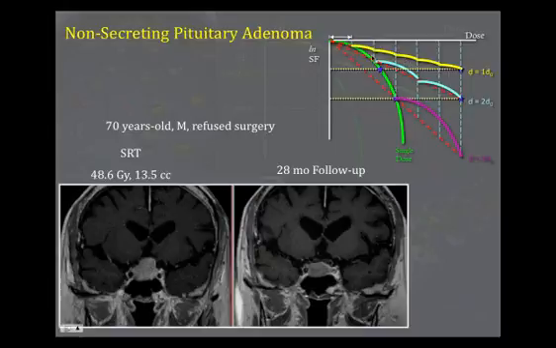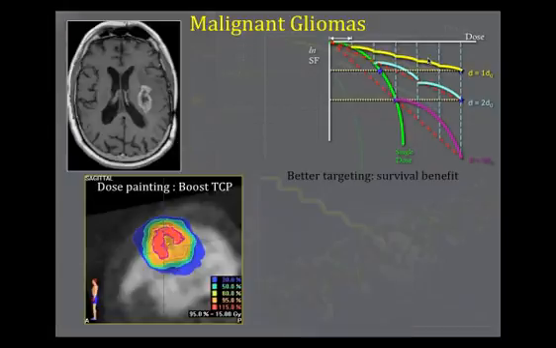So fractionation seems to be a good choice because we will protect the eloquent normal tissue surrounding the lesion. Besides, it's not a malignant lesion that requires a blasting dose to control. It's relatively more slow proliferating in comparison to malignant tumors. So we are going to do full fractionation using stereotactic technique.